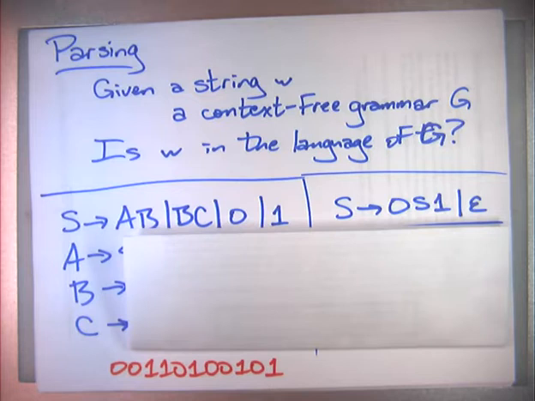It could be that I want to pass in 00 to the subroutine for A and everything else to B. It could be that I want to pass in 00110100 to A and 101 to B. I don't know where that split is.